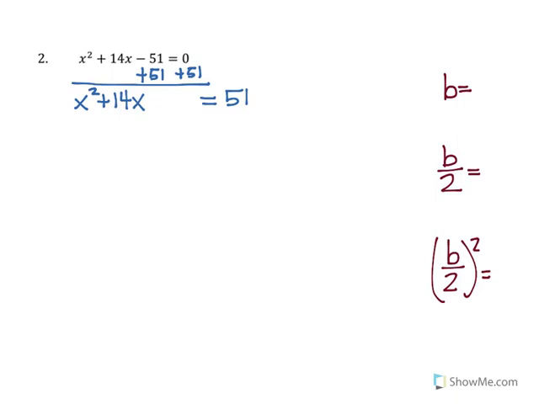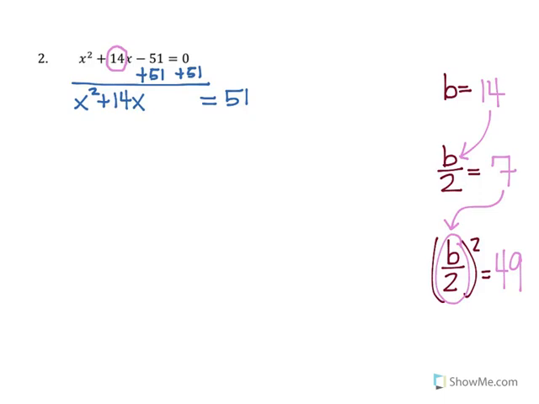Always have to start with b, and b is the number that is in front of x. So in this scenario, b is 14. Now b/2 would take that 14 and divide it by 2 to give me 7. And b/2² would take that 7, square it, and give me a +49.